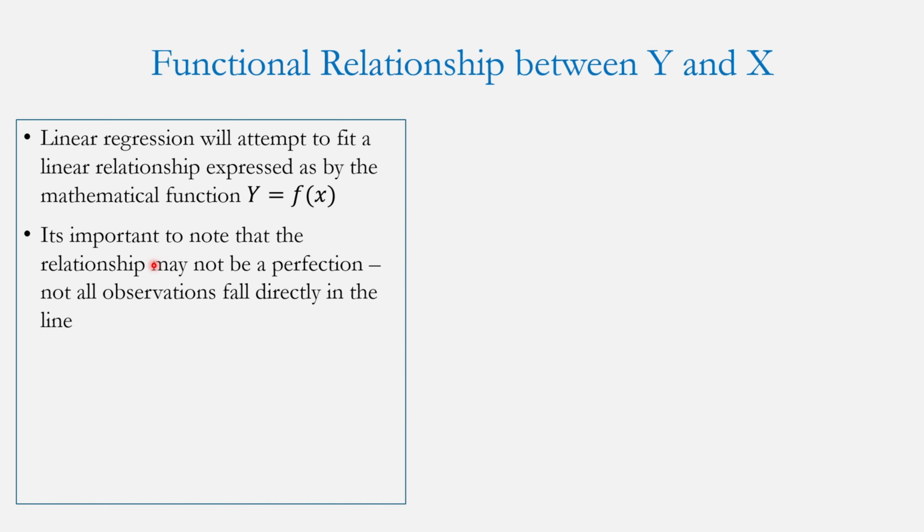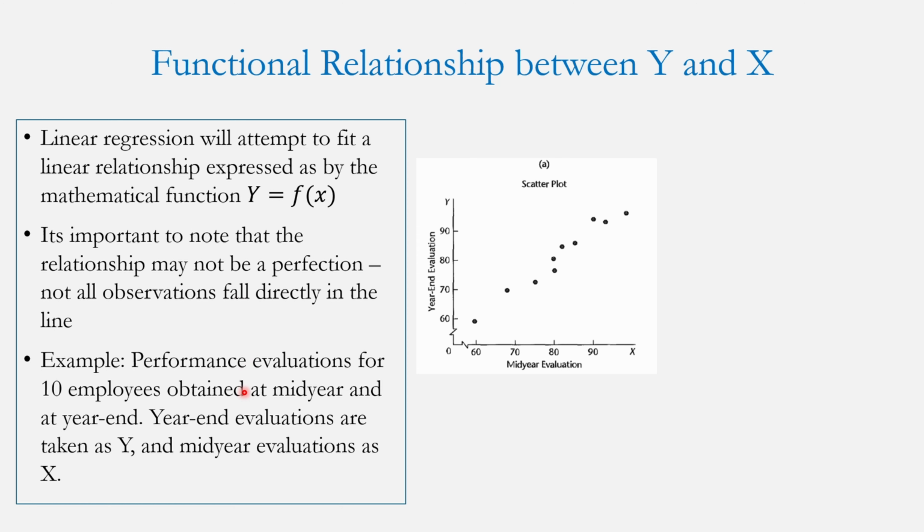So as just mentioned, we are just trying to fit a mathematical function of y being a function of x, and it's important to know that there may not be a perfect, perfectly linear relationship. And here I have an example where we have a scatter plot between year-end evaluation and mid-year evaluation. Our goal in linear regression is to find a line that fits as many points as possible.